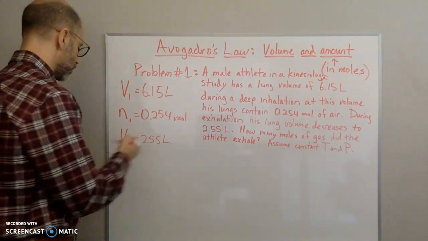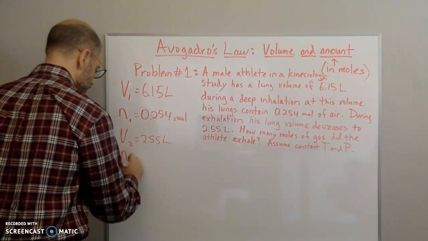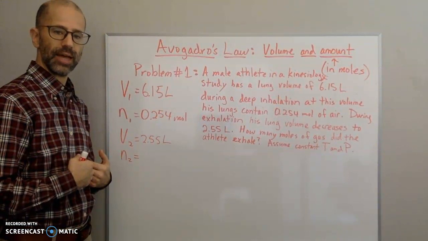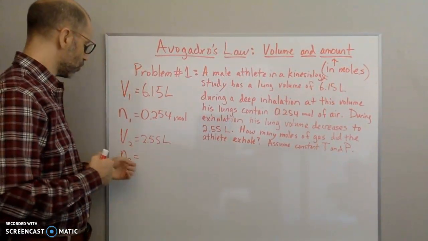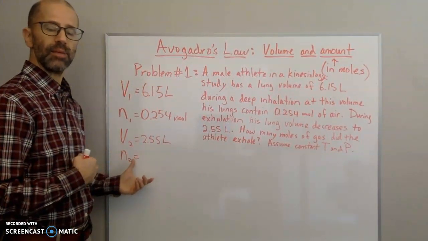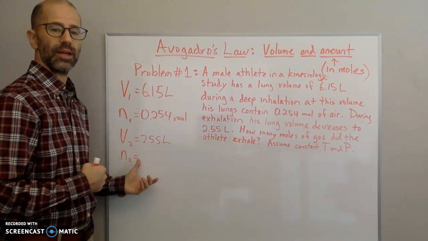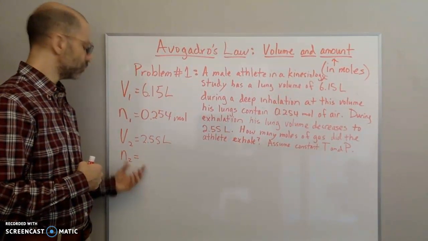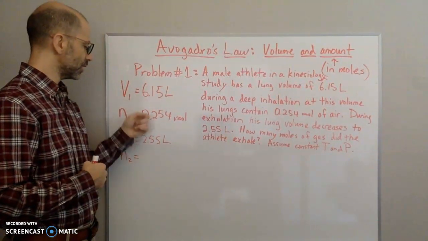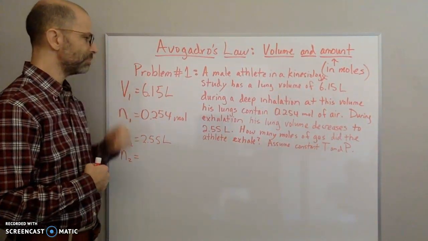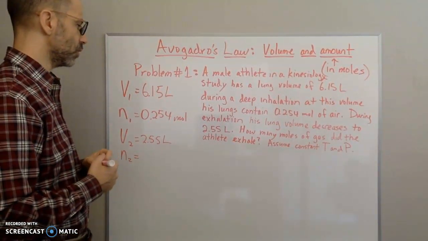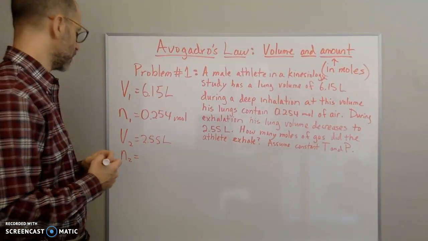So we can find our N2, the number of moles that are still in the lungs after he exhales. But then to find the moles that are exhaled from the lungs, we'll need to subtract this amount from the original amount that was in the lungs. Okay, so let's go ahead and begin.